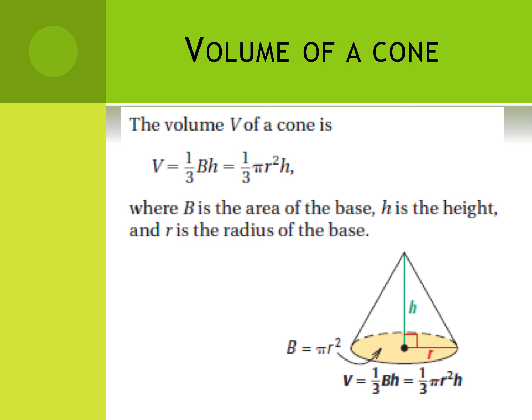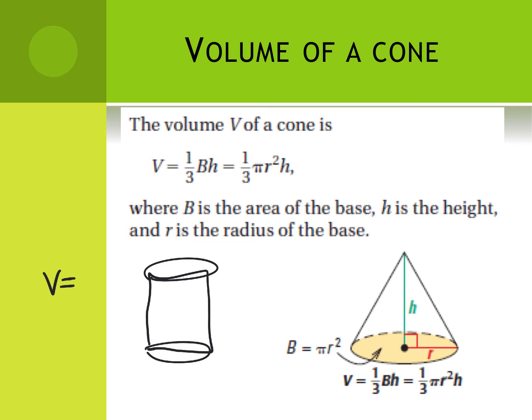So this is very similar to the pyramids. Because again, the formula for volume of a pyramid is 1/3 BH. But what changes with the pyramid is the shape of that base. What's nice about the cone, it's always a circle. And if you think about it, it's very similar to the cylinder. Because remember, the volume of the cylinder, it's got a circle on the bottom and the top.